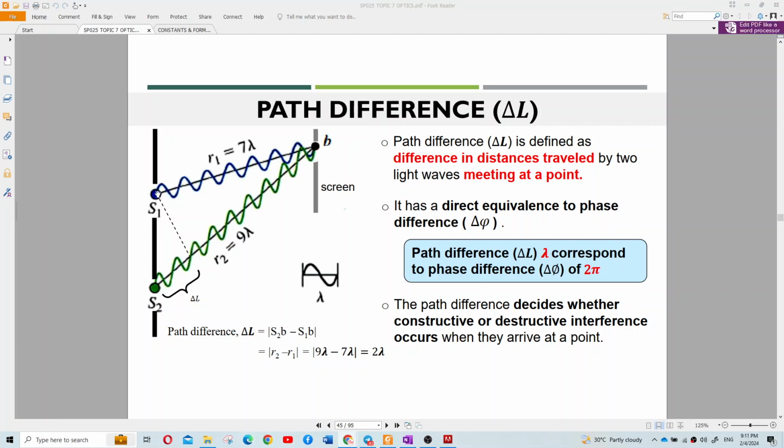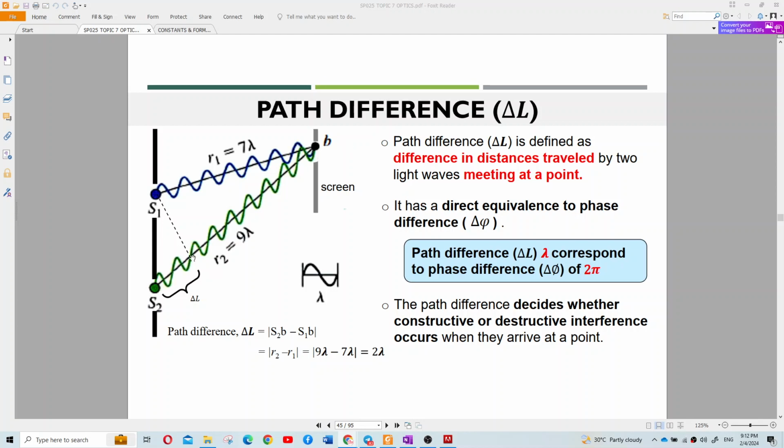Okay, so the path of S1 to B is shorter compared with S2 to B. S2 to B is the longer distance. S1 is shorter, S2 is longer. So that's why we say they have path difference, a difference in their distance travelled. The difference is this part.